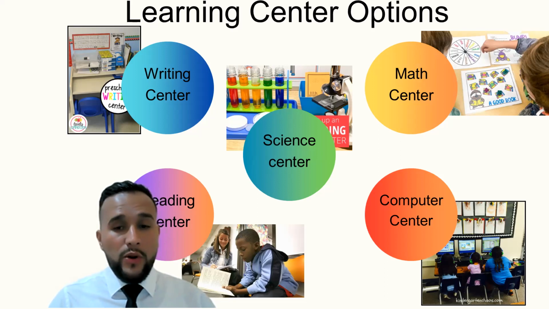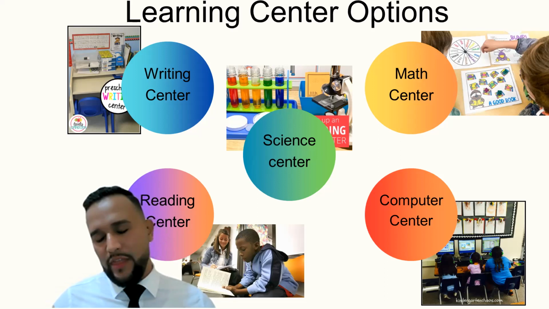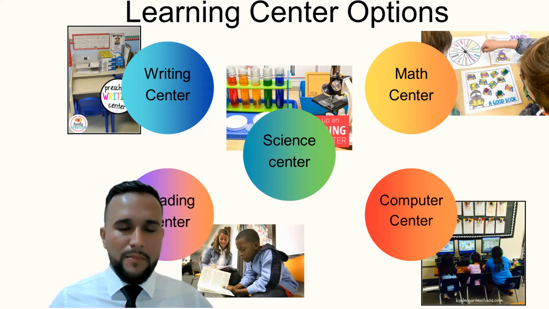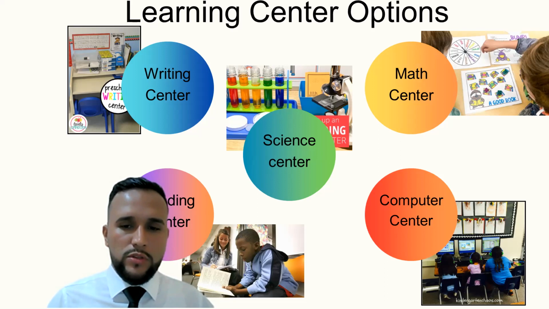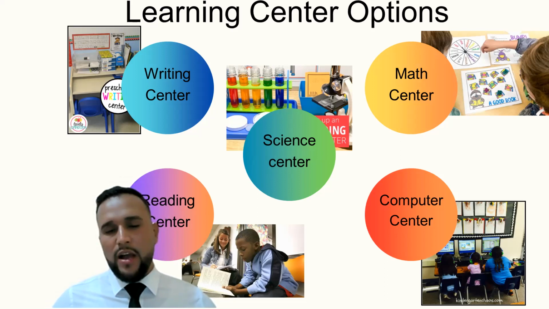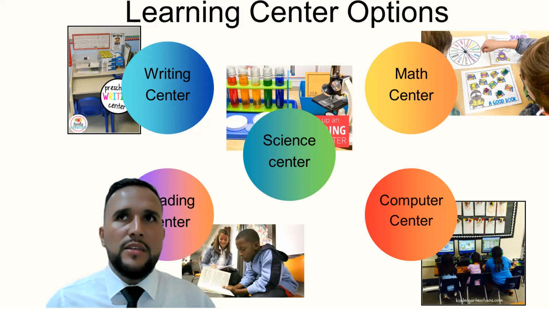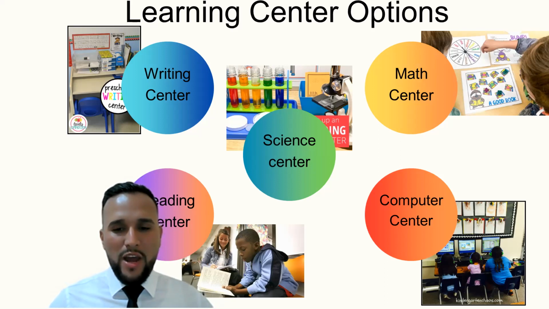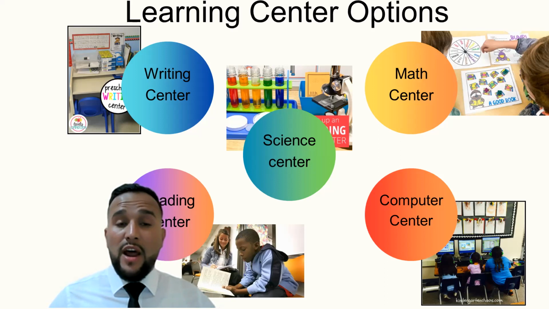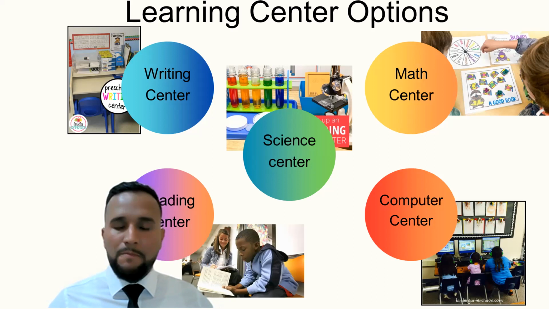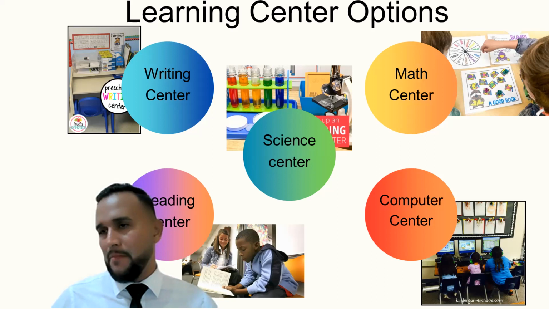Now, you can also have a computer center, and I know that this is not something that is plausible in many areas or in different schools because of the economic situation, but this would be a good incentive to organize something like that. You can change that up and you can do an art center or you can do a game center. I mean, the title that you give to the center, it's up to you.